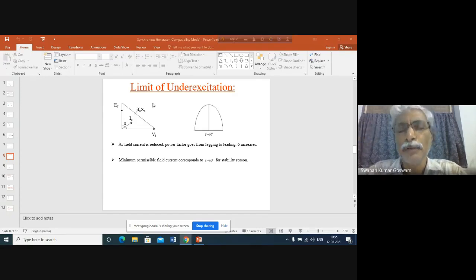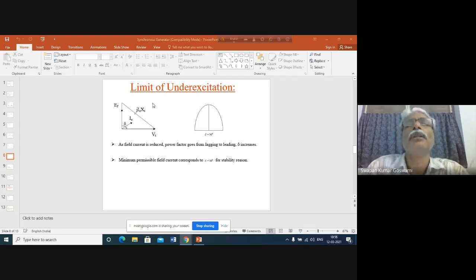Do you have any idea or can you think of something regarding that? When will it be required? Anybody? Bolo. A generator has to be overexcited means the generator should deliver reactive power to the system. A generator has to be underexcited means the generator has to consume reactive power from the system.